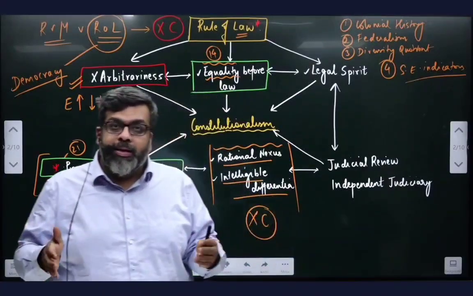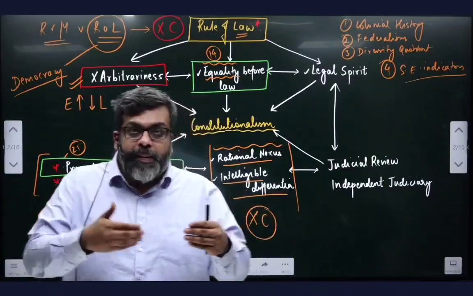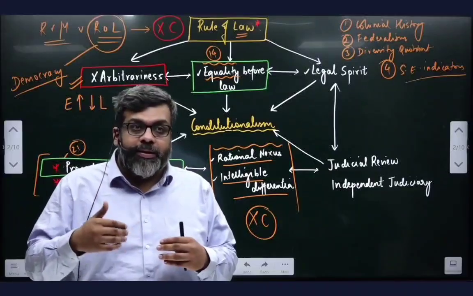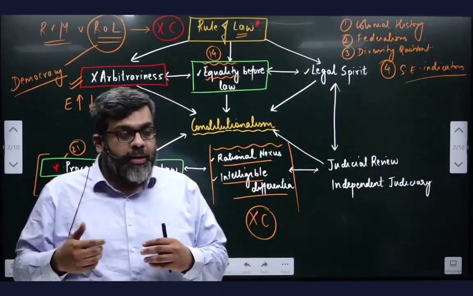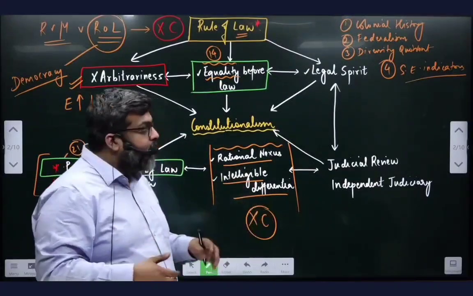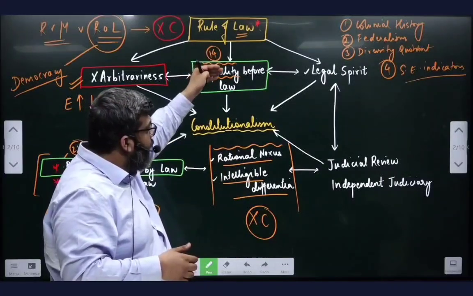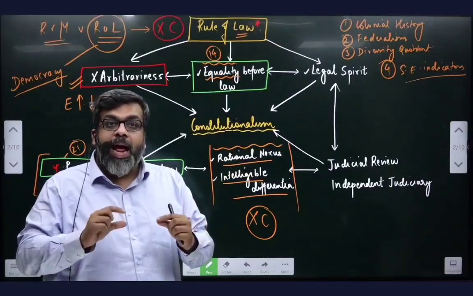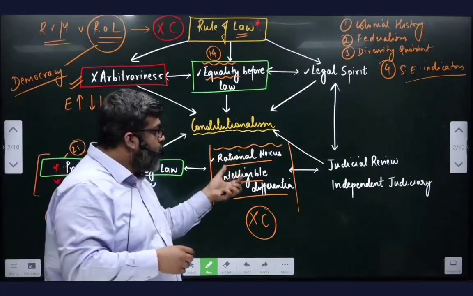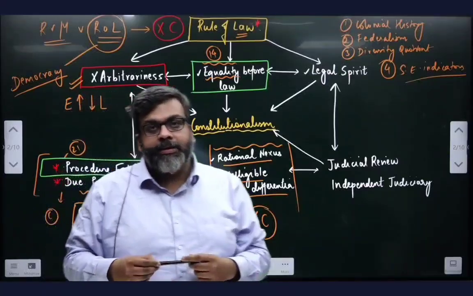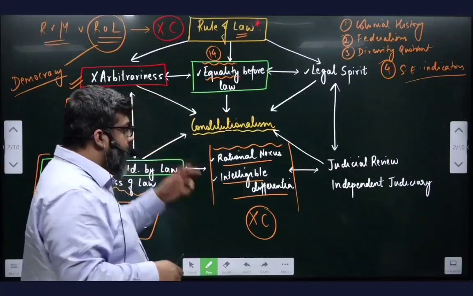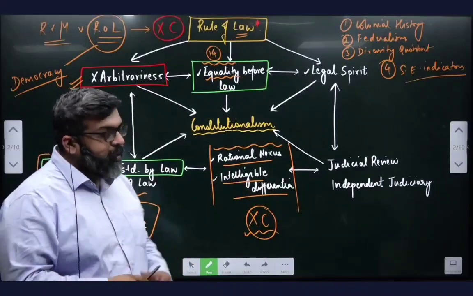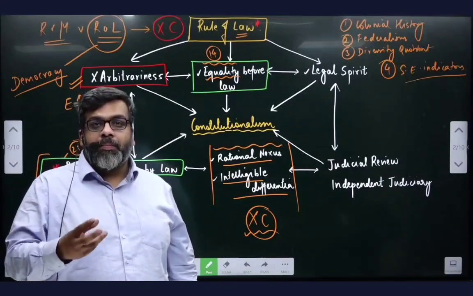By doing this, if you're able to ensure that people from lower castes are able to get better employment, better reservation, better opportunity of education, then it sounds about right. So therefore, equality before law allows you to have some form of equity before law. And the two principles would be rational nexus and intelligible differentia. Both of these, again, are not mentioned in the Constitution, but would find important mentions in several Supreme Court judgments.